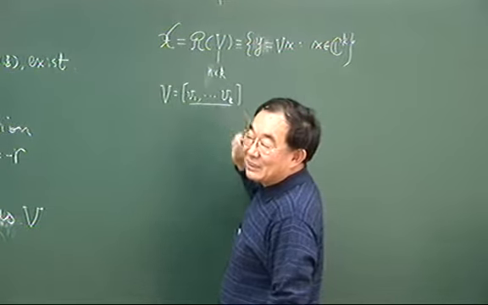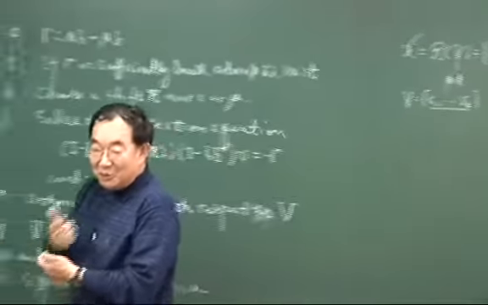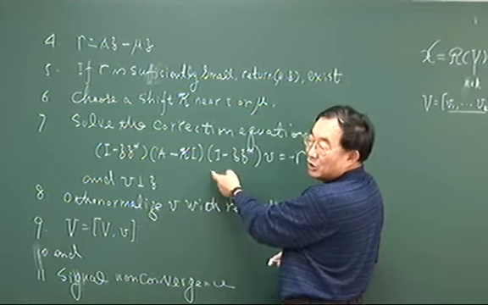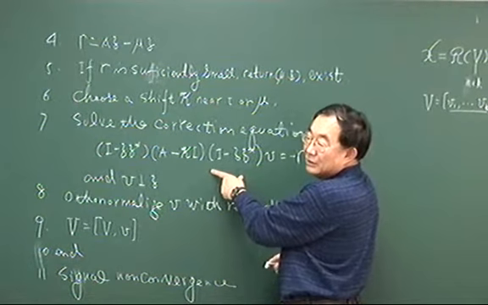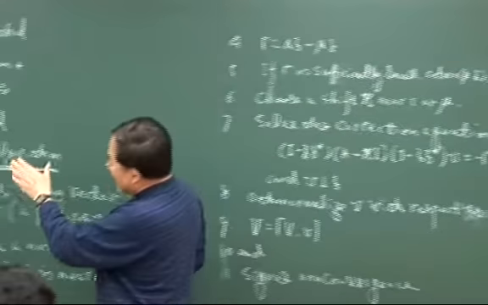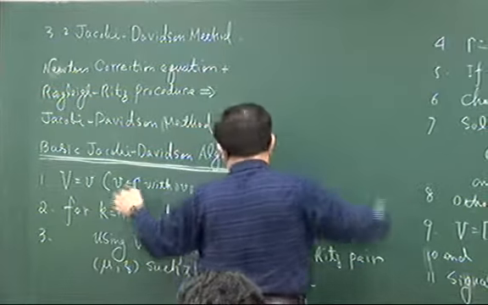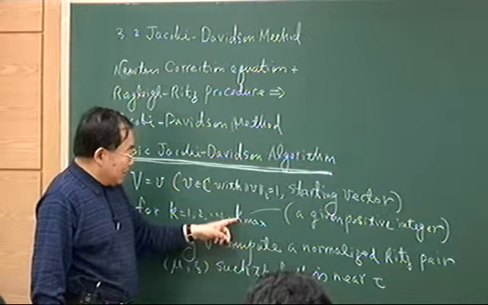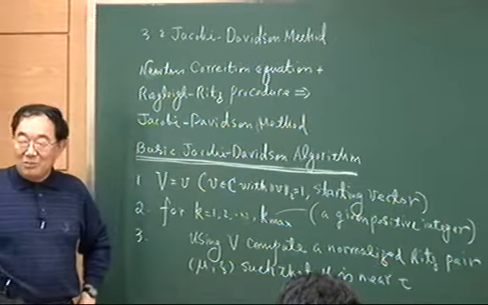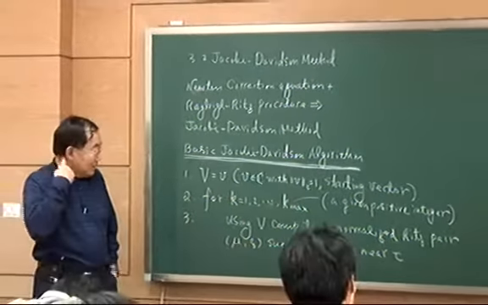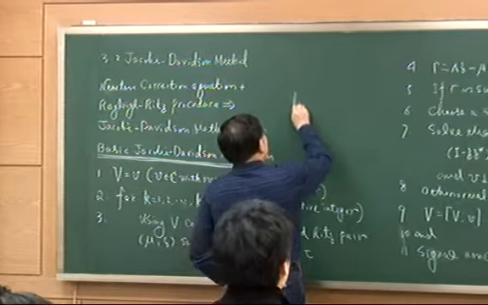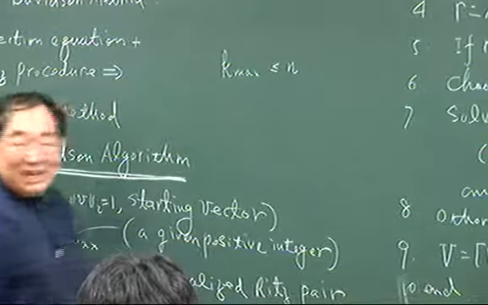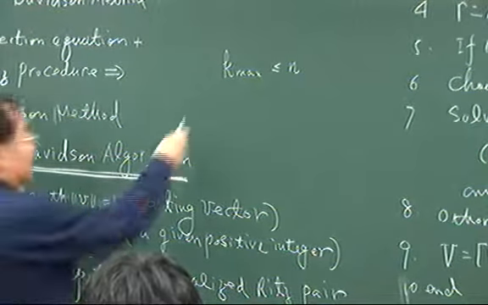This subspace is built by using the Newton method to get every vector, because we solve this Newton correction equation. First it is 1 dimension, then 2 dimensions, and k max is the maximal dimension. So k max must not be greater than n.